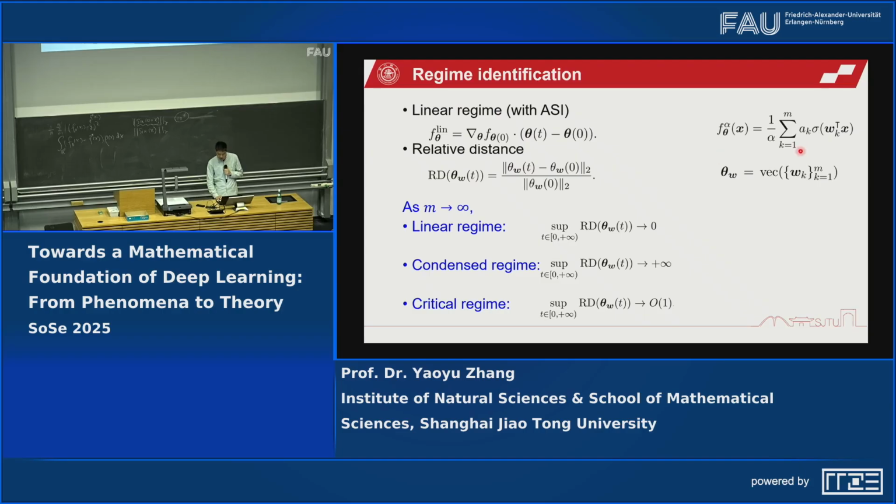So what's the key to arrive at a linear regime? First of all, if both a_k and w_k move very little, then definitely we can linearize the whole dynamics around initialization. But if we consider that a_k and w_k can behave differently, which one is key to the nonlinearity? Actually, you can see that W is the key.